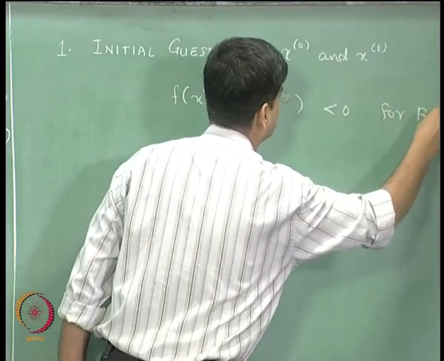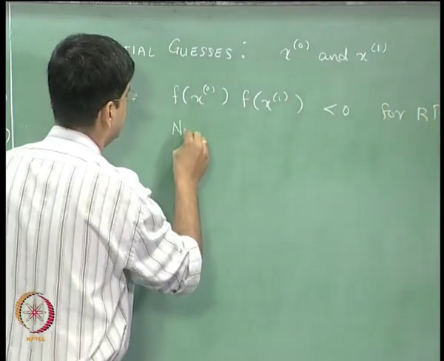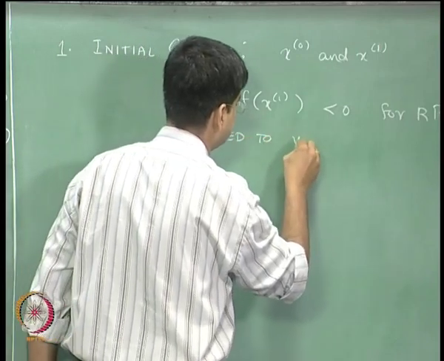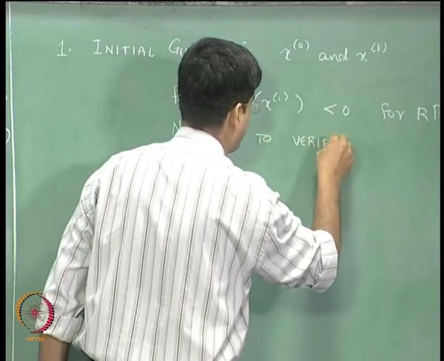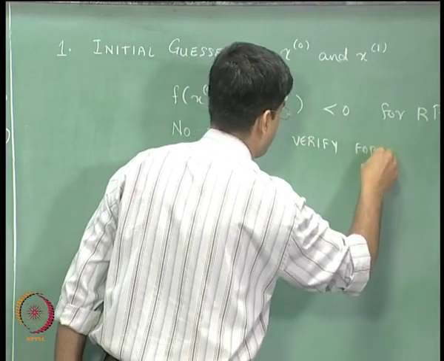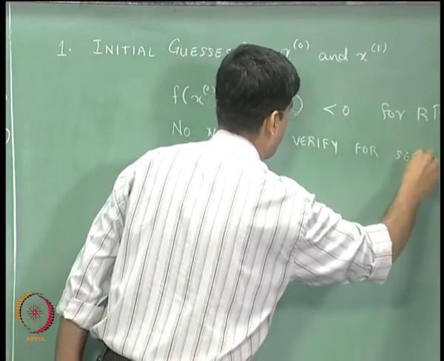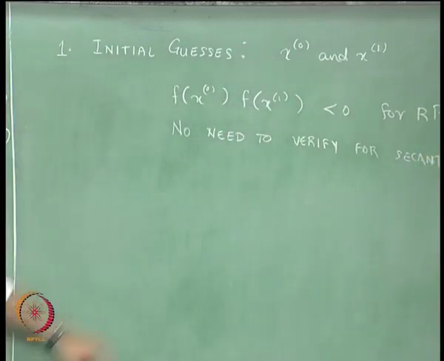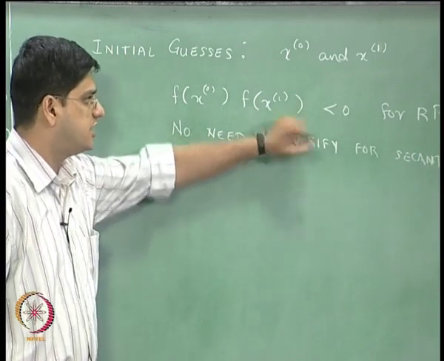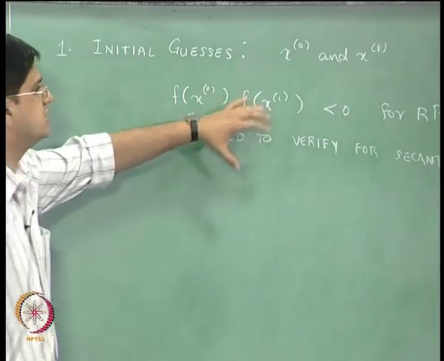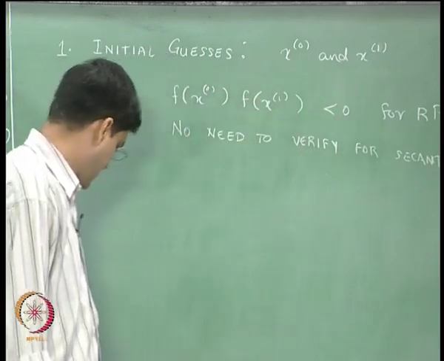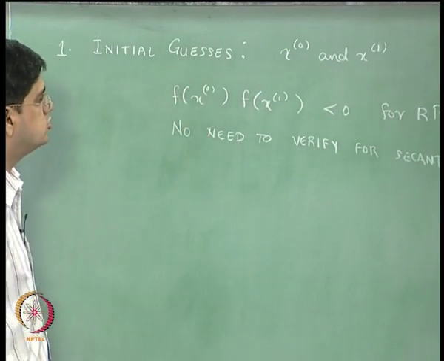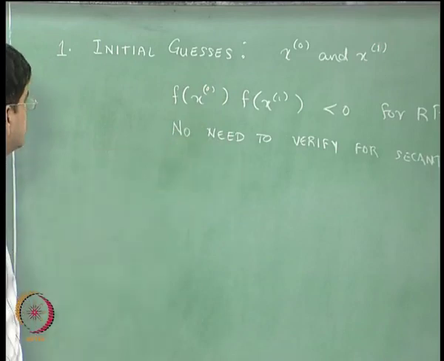For the secant method, no need to check this. Okay. So that's the difference between secant and Regula-Falsi. We don't need to check whether x0 and x1 lie on either sides of the true solution x star. Okay. So that's the initial guess.